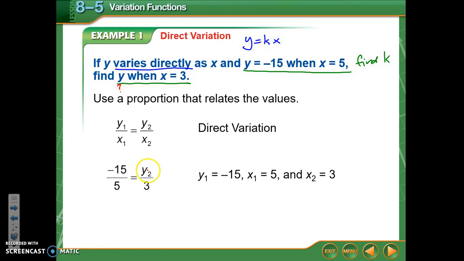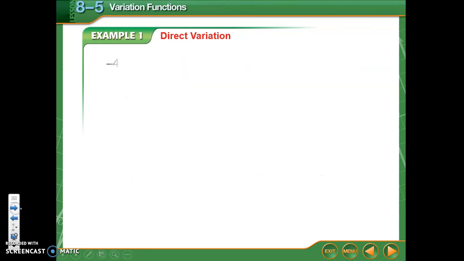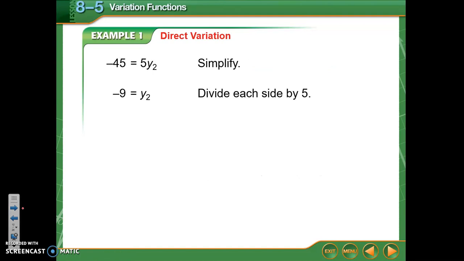So it's going to equal my second y over 3. Then I just solve that proportion. So I multiply negative 15 times 3, and I multiply 5 times y sub 2. When I solve, I get negative 45 equals 5 times y sub 2. And when I divide, I get negative 9 equals y sub 2. So when x equals 3, the value of y is negative 9. That's one way to do it.